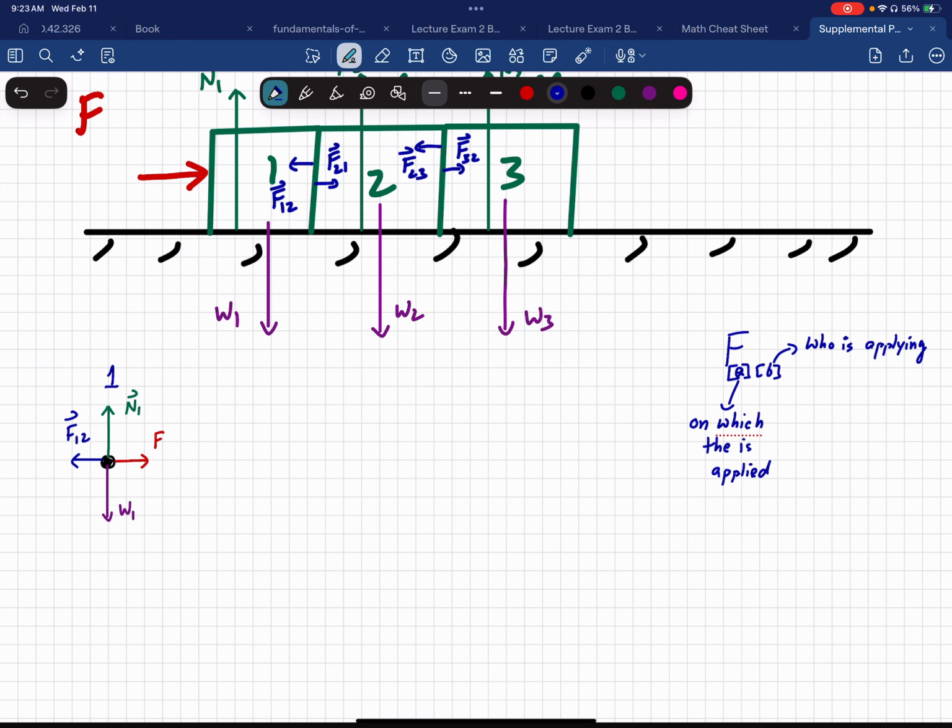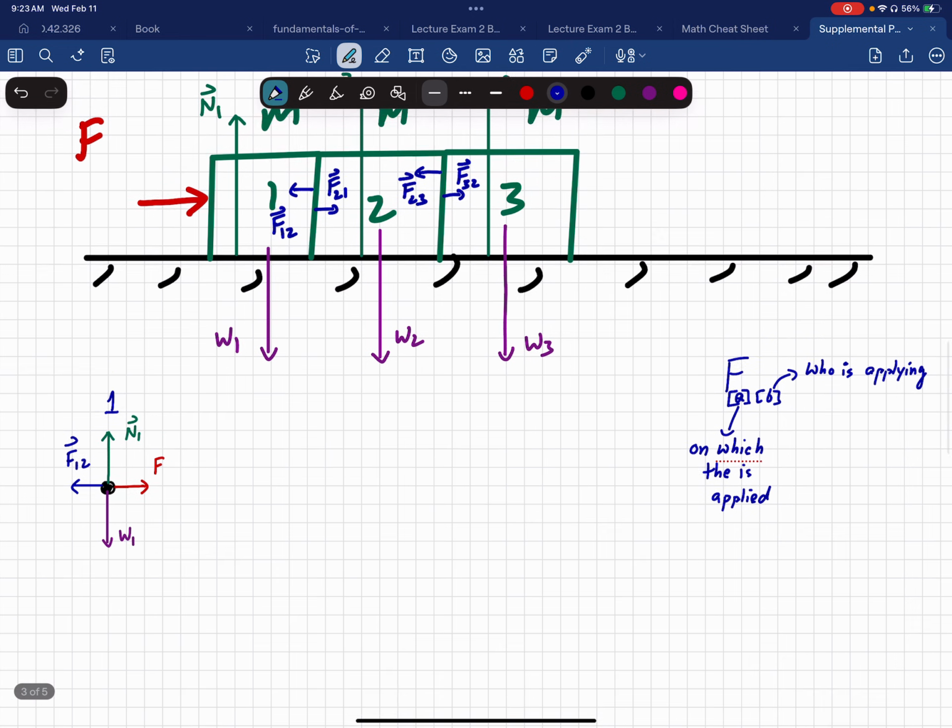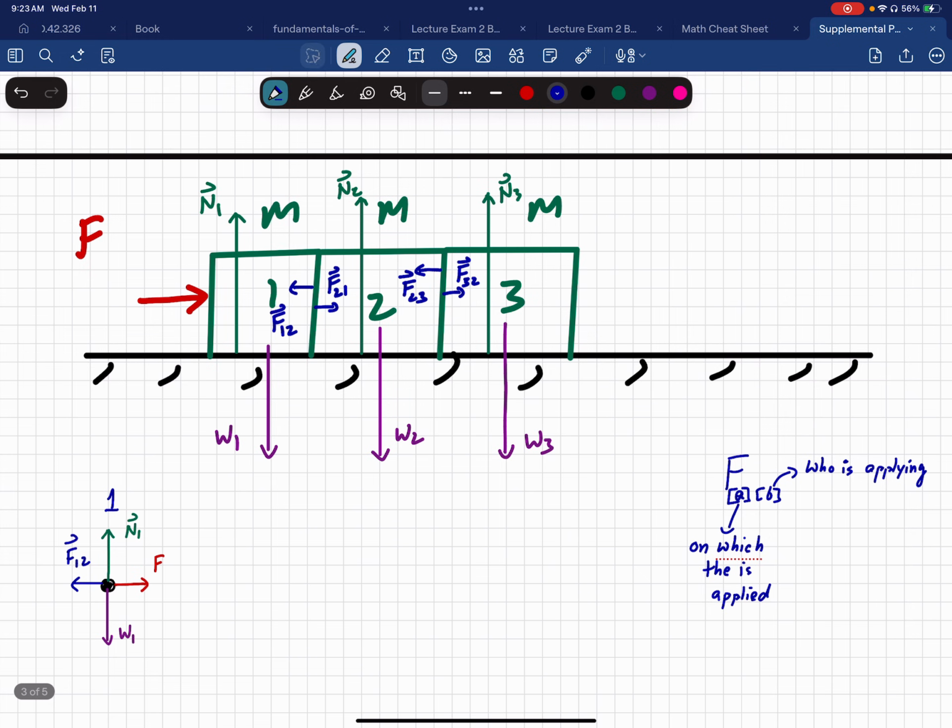Okay, understood? This is basically for all the contact forces.